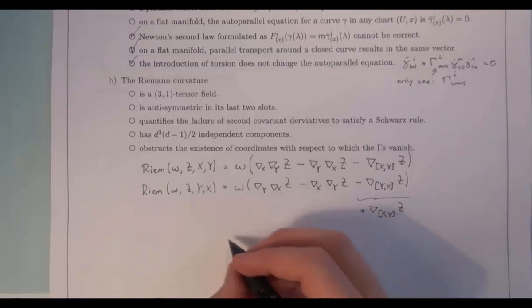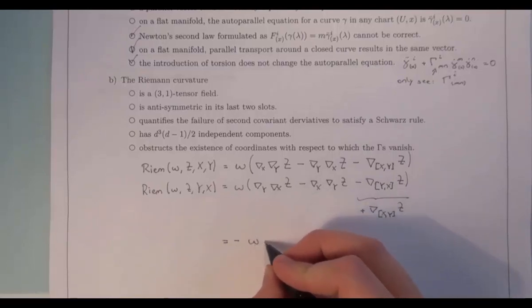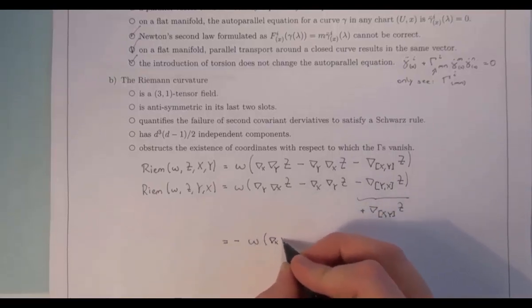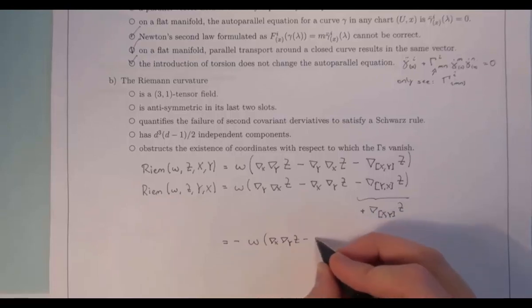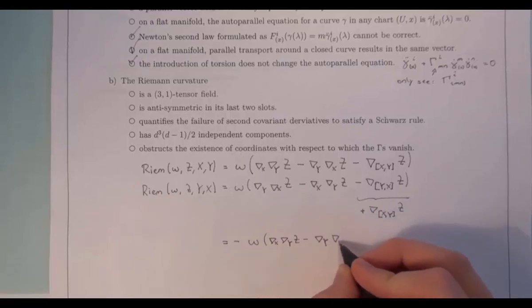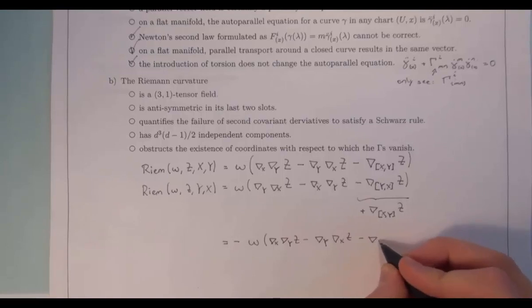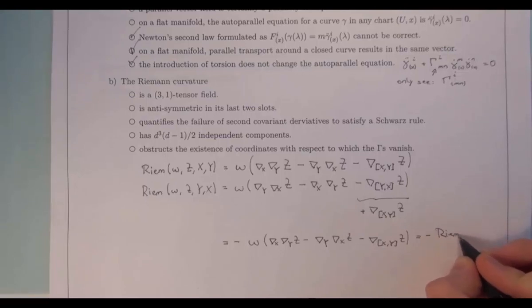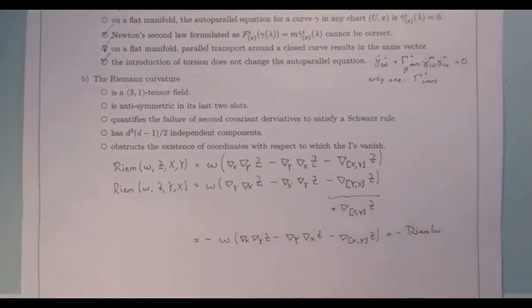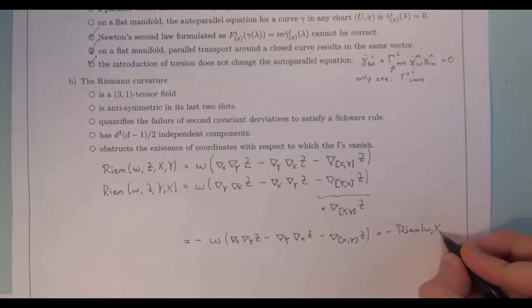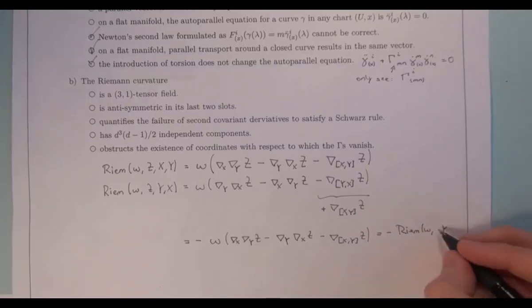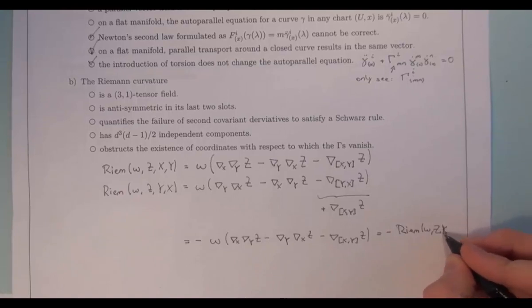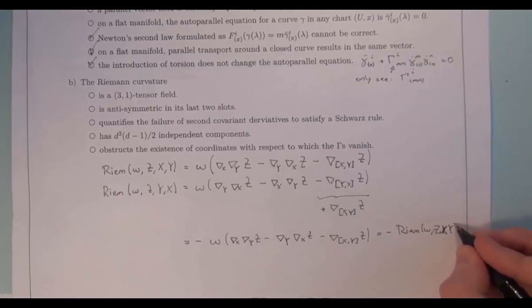And then we see that we can pull out an overall minus sign, and we end up again at an expression we identify as minus Riem of omega, x, y, sorry, no, this here is z, x, y.